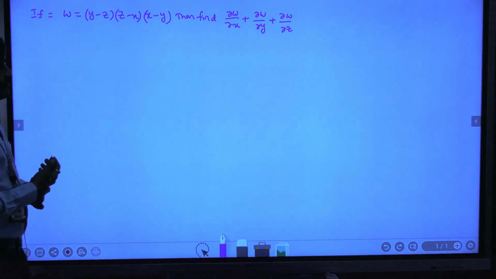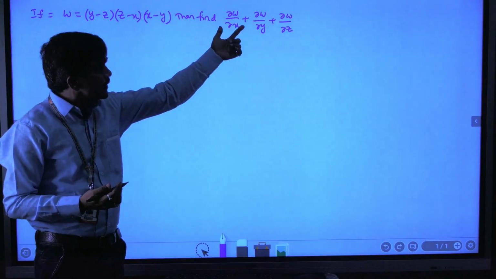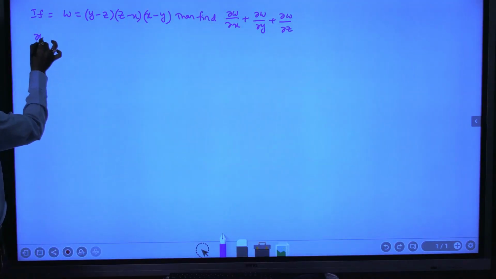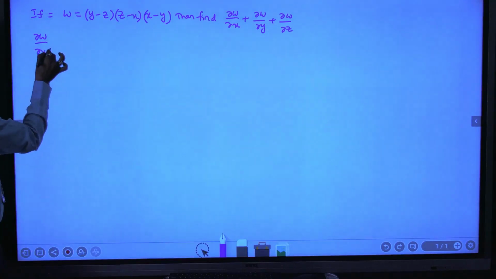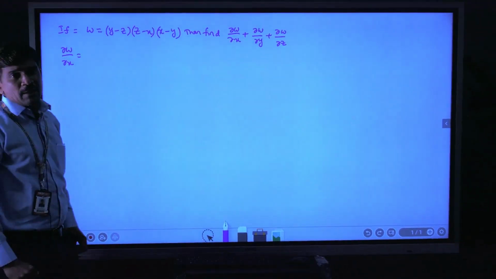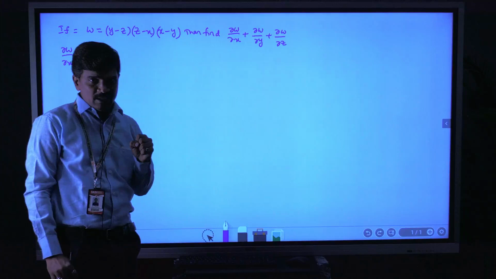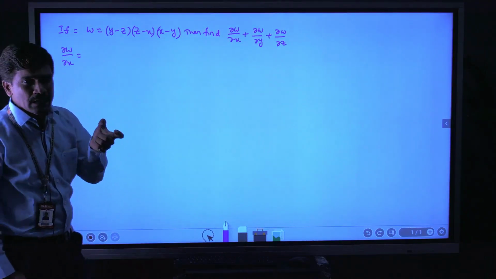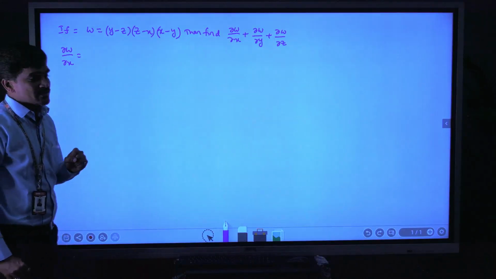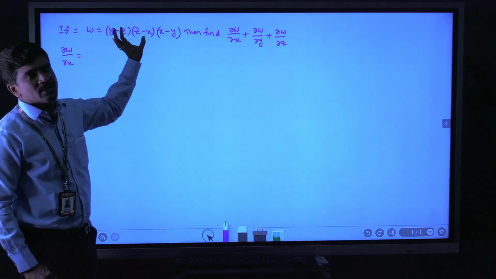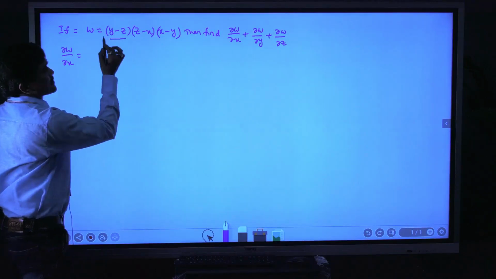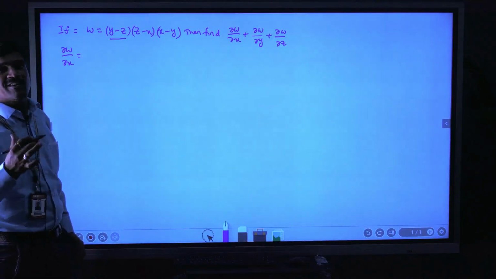Now first find ∂w/∂x. Here w with respect to x means that the other variables y and z are considered constants. So what is constant in this product? In this product, y − z is constant.